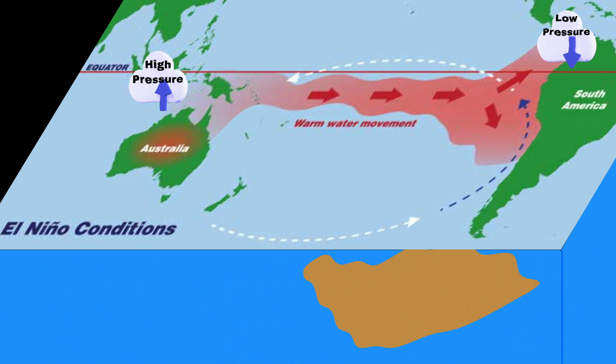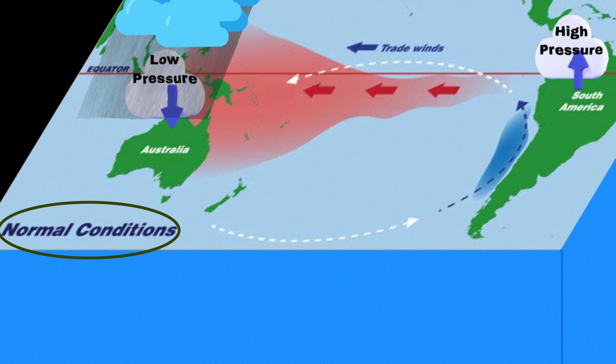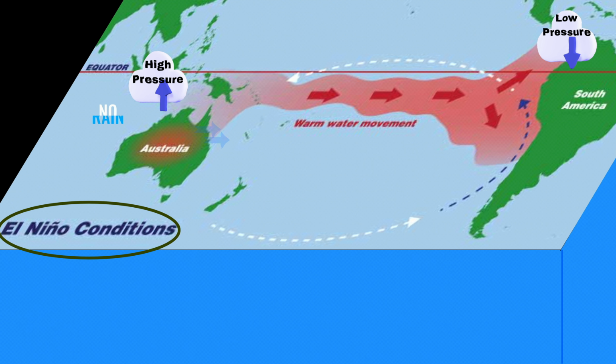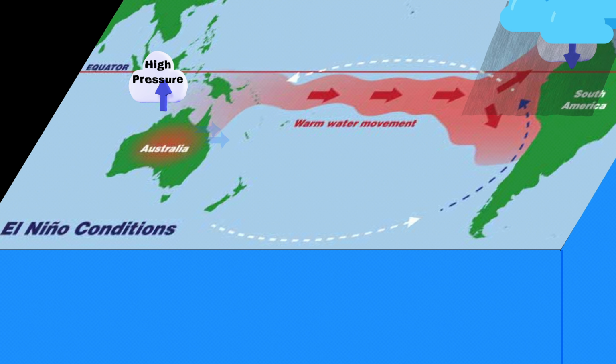Earlier, there was a lot of rainfall over Australian and Indonesian region because the wind currents were rising over there. But due to El Nino, there is no rain. The inland parts of Australia witness a severe drought condition, but on the other hand, near the Peruvian coast, the warm pool of ocean current brings heavy rain and floods to the American continent.